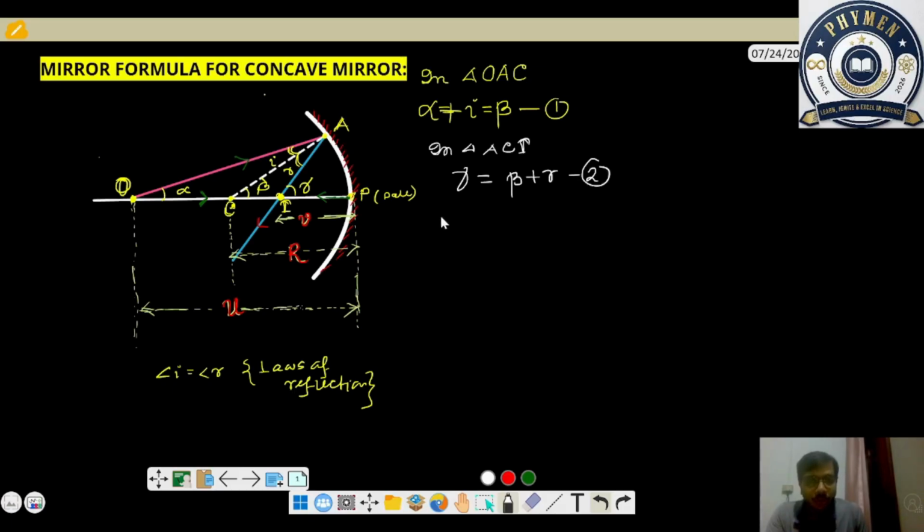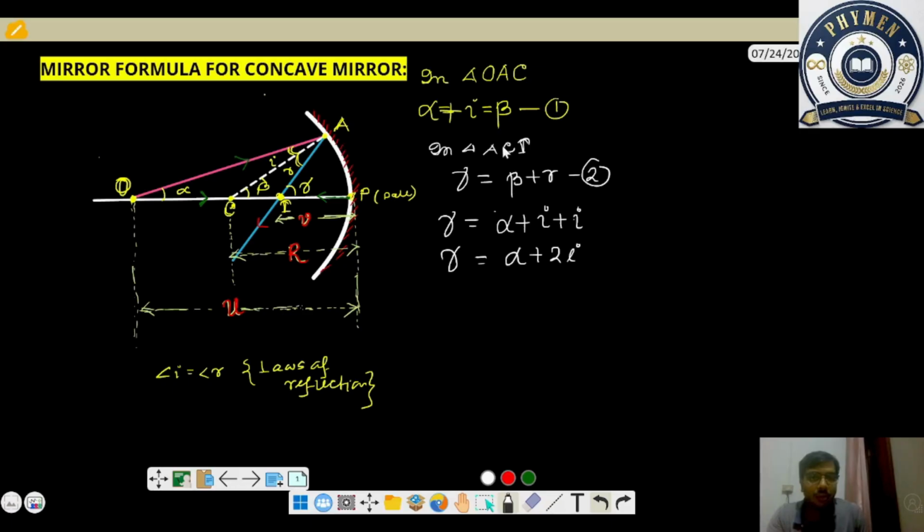Now if we put the value of beta as alpha plus I, and R is equal to I, we can put it as gamma is equal to alpha plus 2I.